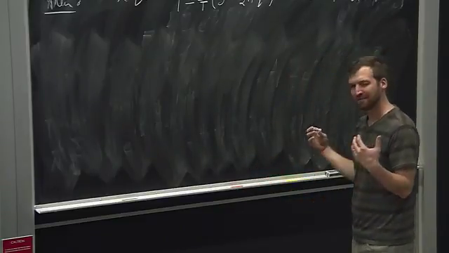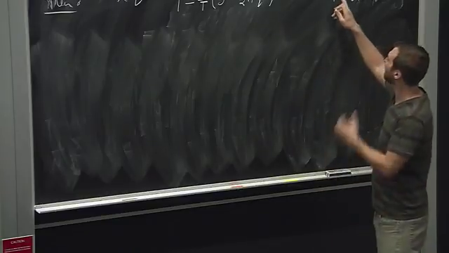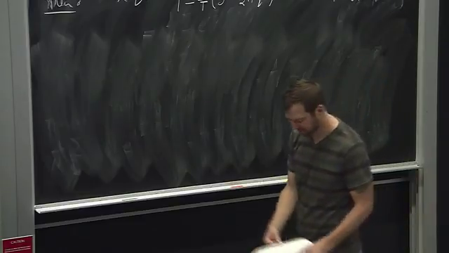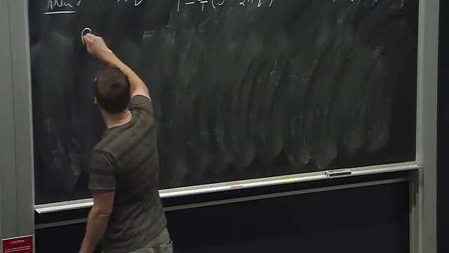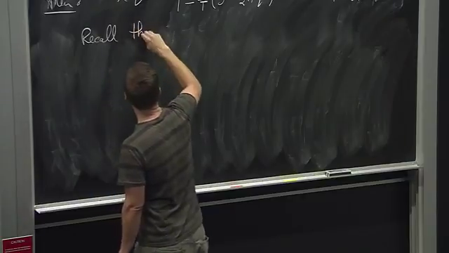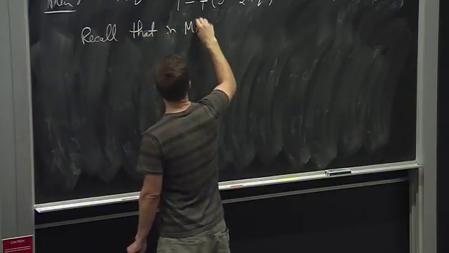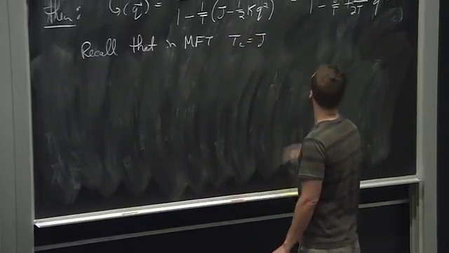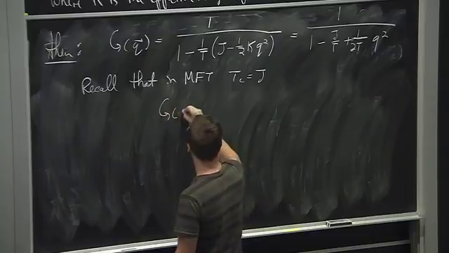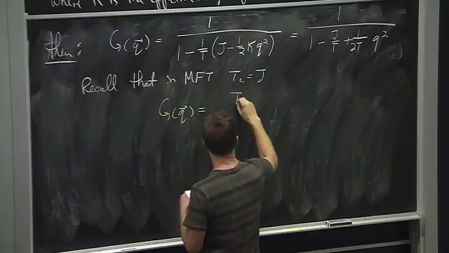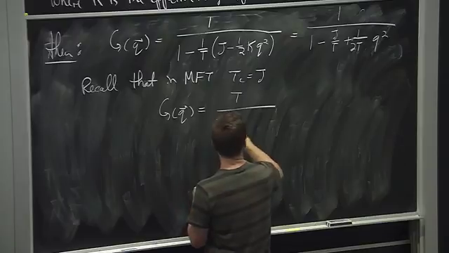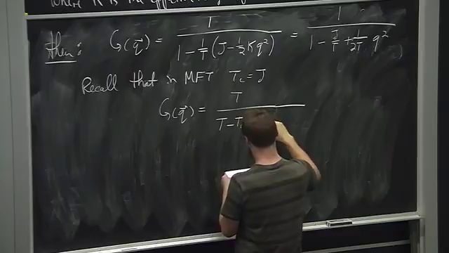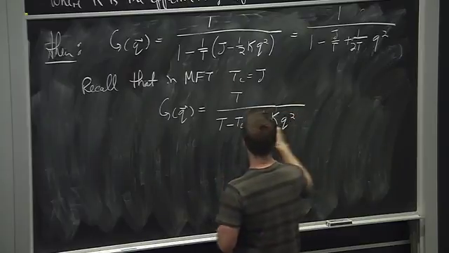I'm in the mean field, so I can use the fact that J is equal to Tc here, right? That's only valid for the mean field approximation. Tc equals J. So let me pull a t out. Then we're going to have t minus Tc plus 1/2 kappa q squared.